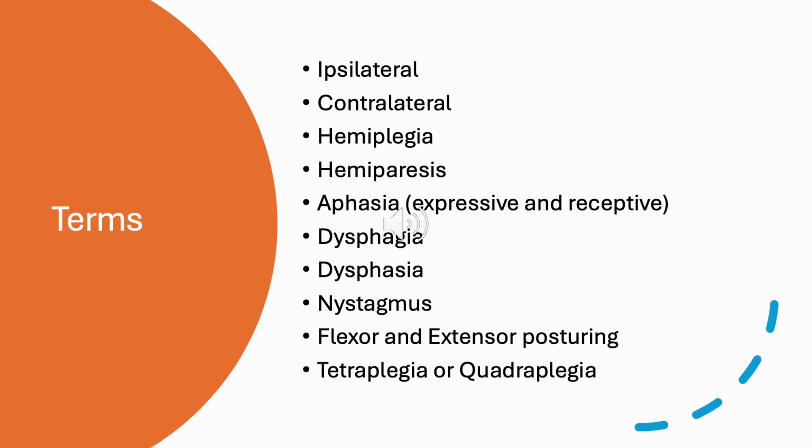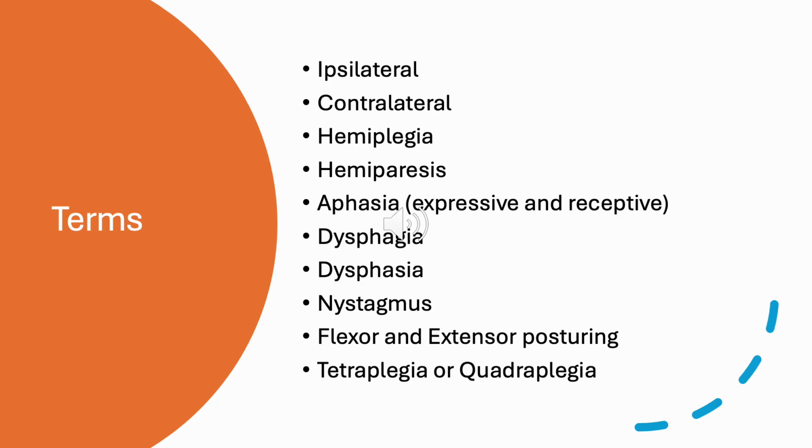These are terms that will help you with the neurological system that students often get mixed up. Ipsilateral means the same side. So I'll give you an example. If somebody has a left-sided TBI, their pupil may be dilated on the ipsilateral side, which means the left side, so the same side. Contralateral means opposite.